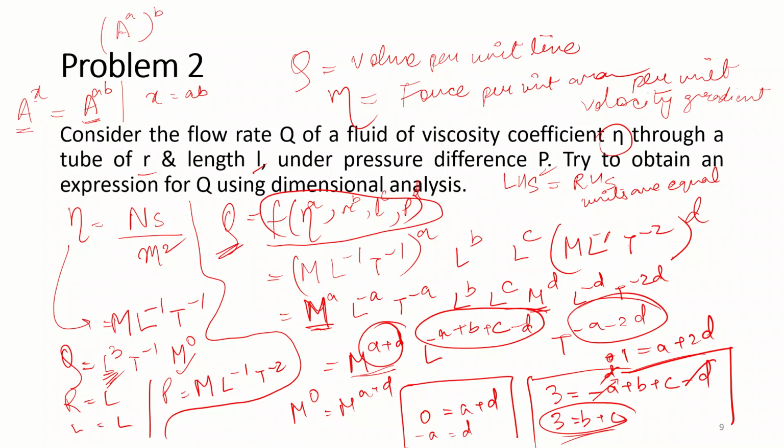Then there are two factors. There are basically three equations and we solve this problem. So basically you have a pipe, then you have radius of it and length of it. So we can't take that.